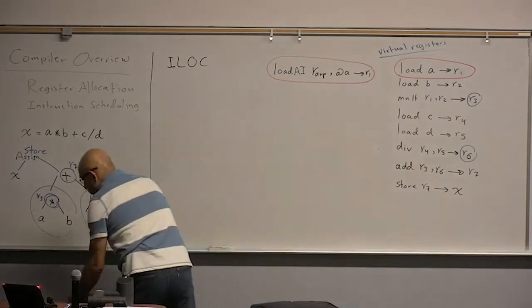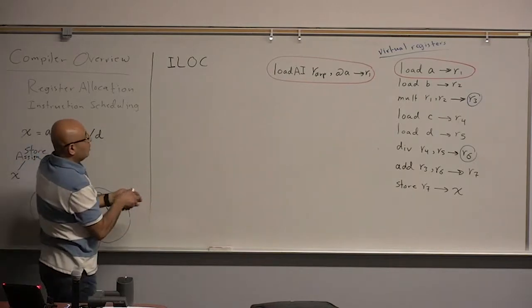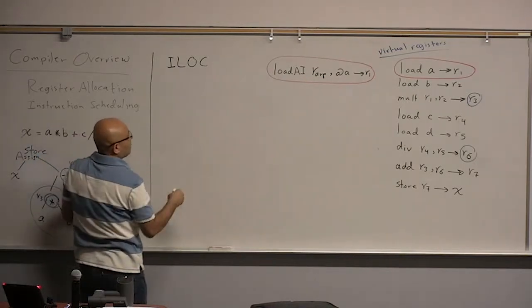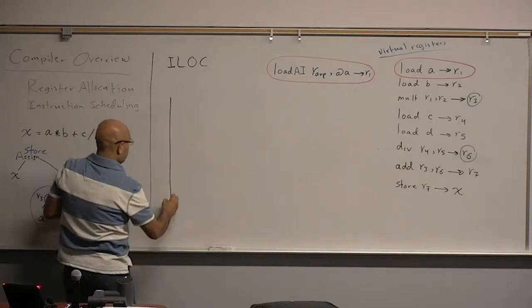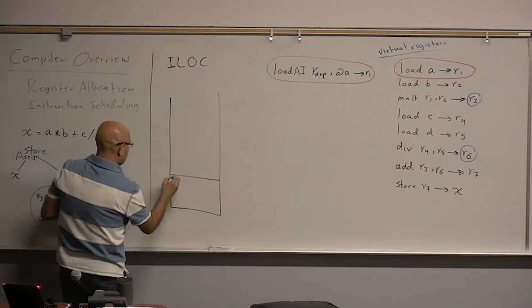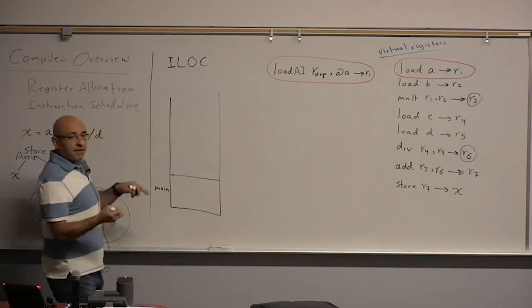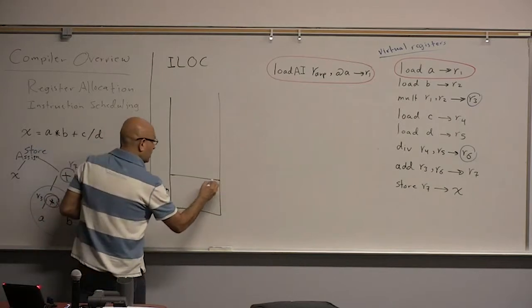So since we will be using this, let's clarify it even further. If you have a main function, a program with a main function, the main function will have an activation record on the stack.